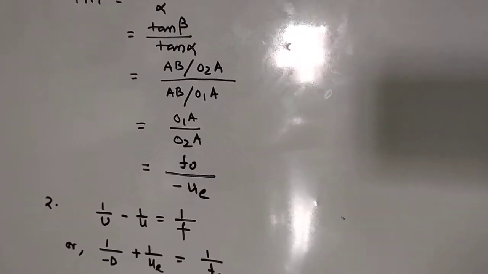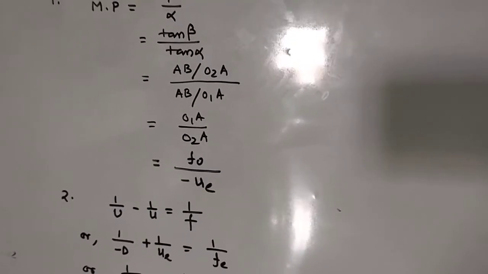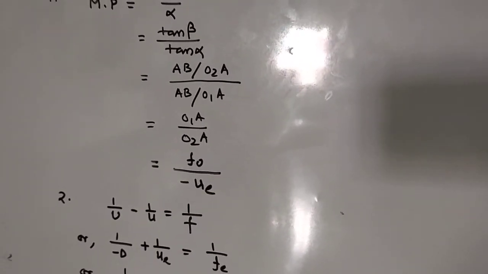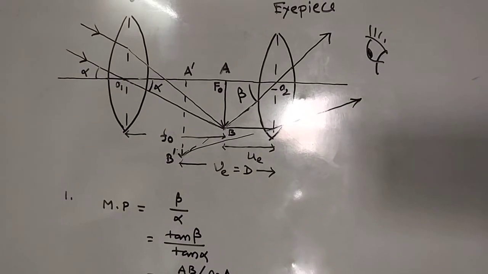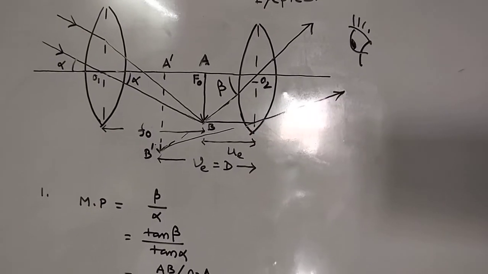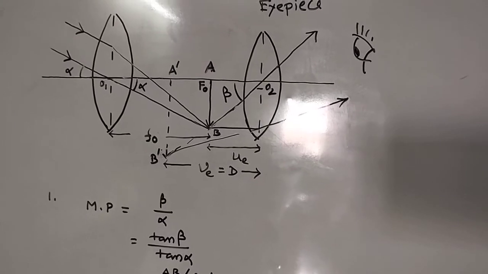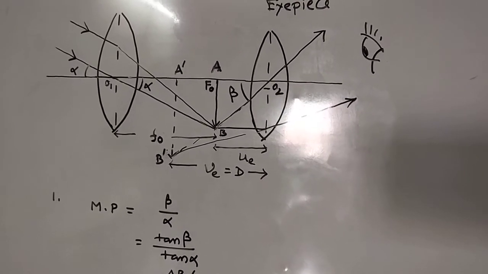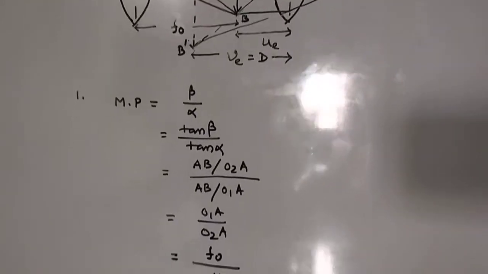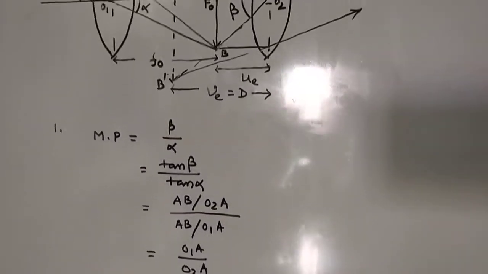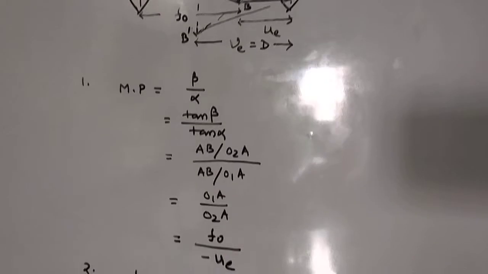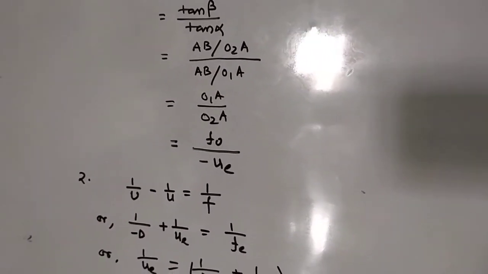Now we are going to use the lens formula for the eyepiece: 1 by v minus 1 by u equals 1 by f. The image is formed at the least distance of distinct vision, and as we have to move from O2 against the direction of the arrow of the incident ray, v is minus D, and u is minus u_e, so minus minus becomes plus.